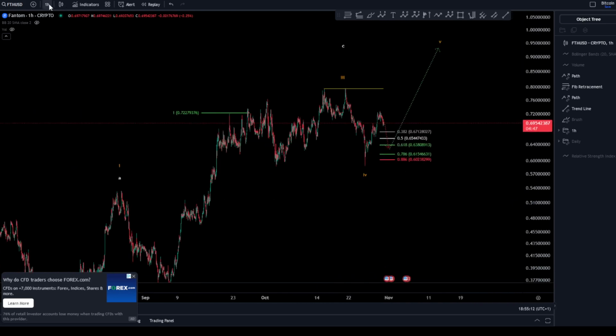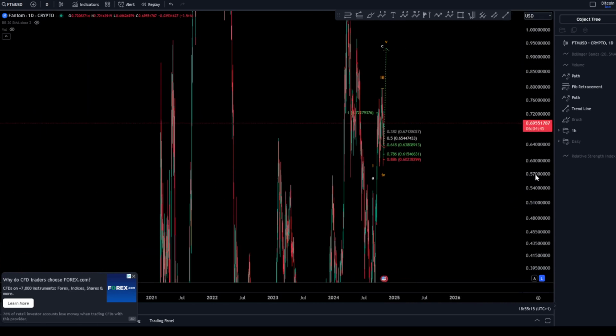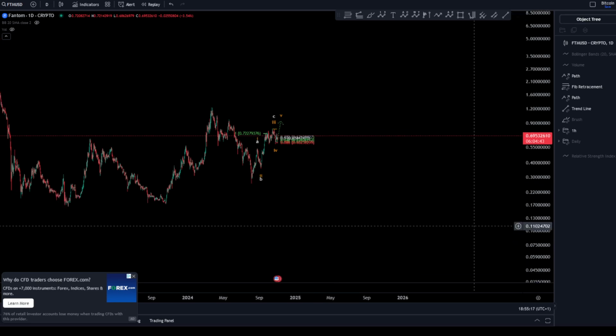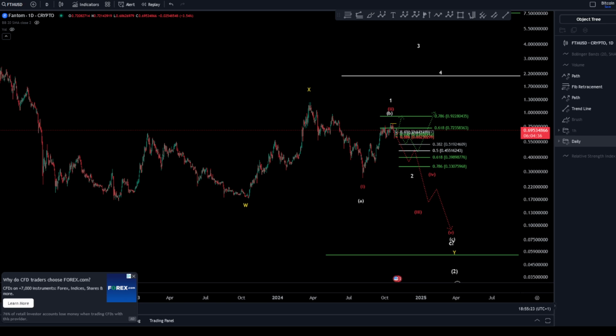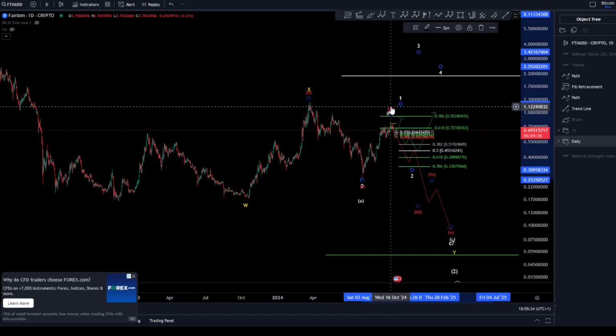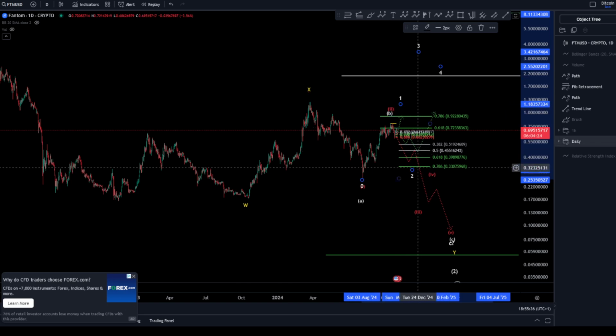Now what would happen in the daily? Again, let's go back to the daily now, since we saw a little bit closer. If we get higher prices, what would change on the daily? On the daily, we would get a much clearer impulse as 1, 2, 3, 4, 5, which can still finish your wave 1 and 2 and then move towards the upside again.